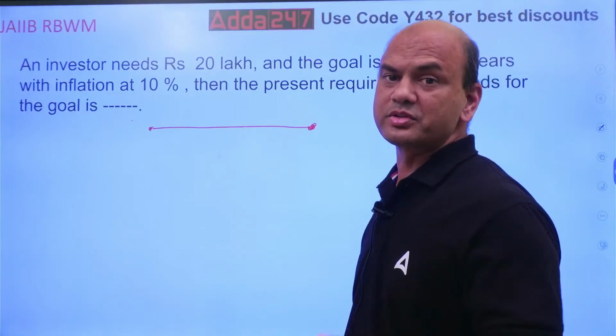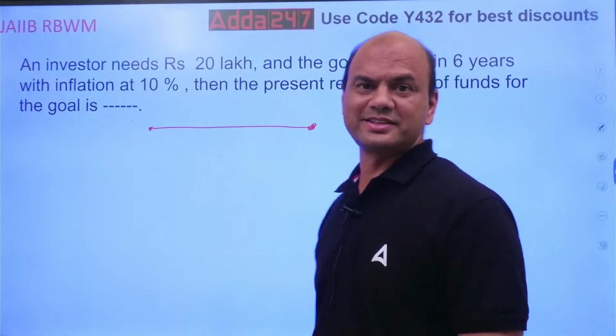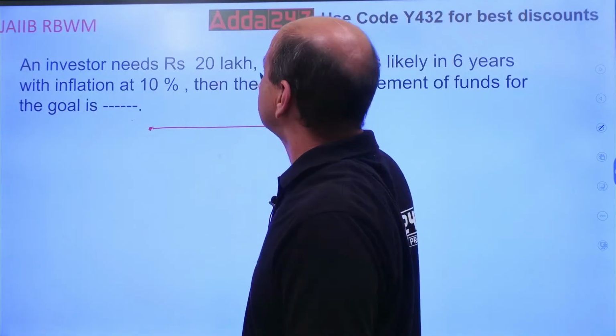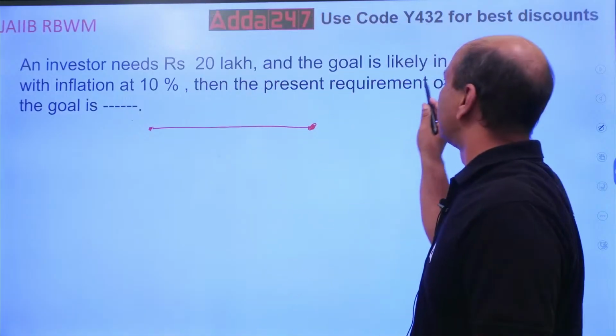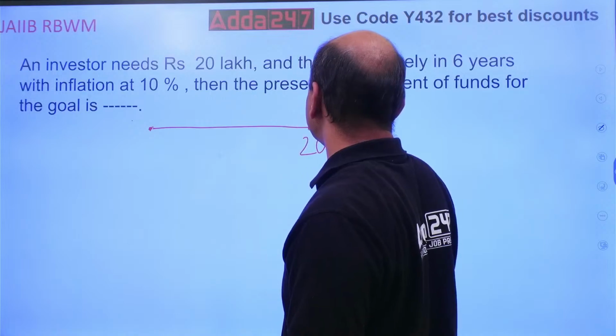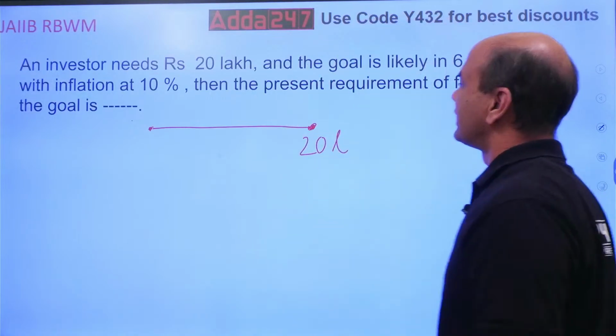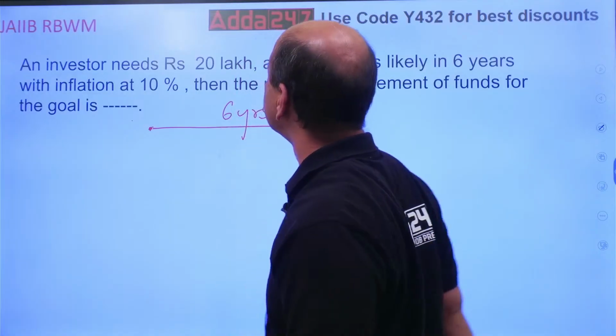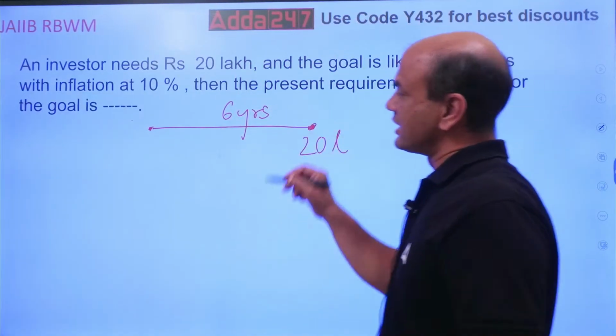How many of you are able to solve this? How many of you have got the answer? So here that person requires 20 lakhs and the time is 6 years. Rate of interest, inflation rate, is 10%.